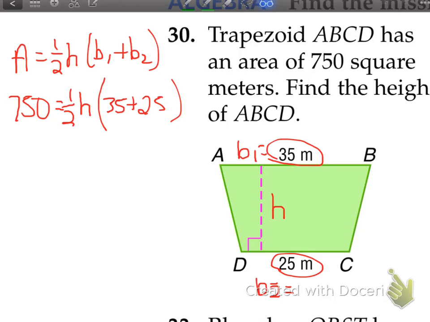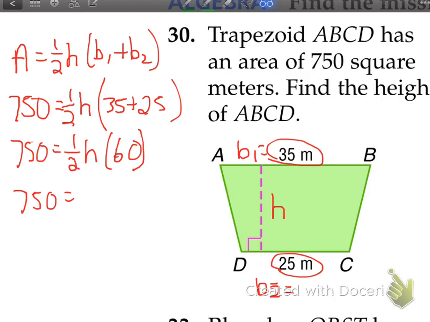And now you've got a little algebra problem to solve. There's a lot of ways to do this. I'll go ahead and add the two numbers in the parentheses. That's 750 equals 1/2 of h, and that'd be multiplied by 60. Well, I can take half of h, but I can also just take half of 60. So this is 750 equals half of 60, which is 30h.